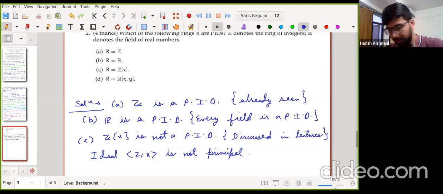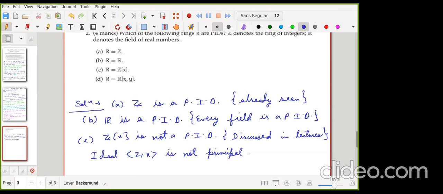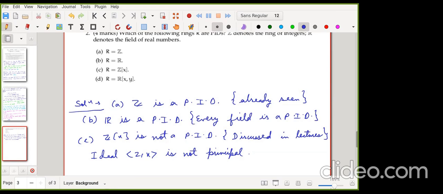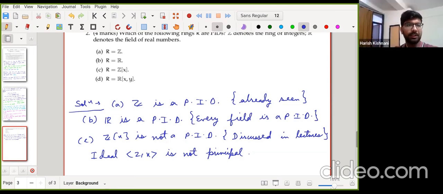So you can look at it in this way. If it is generated by a single element, then 2 and x have to be written as a multiple of that single element. Thus, the degree of that single element has to be strictly less than 2. So either it's a degree 1 polynomial or a constant polynomial, right?